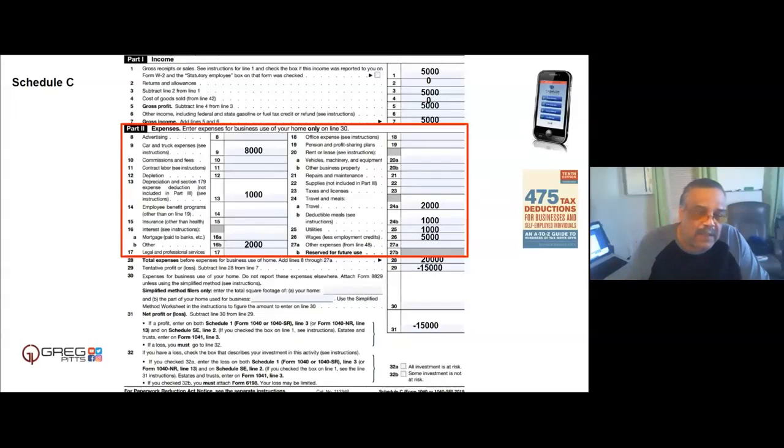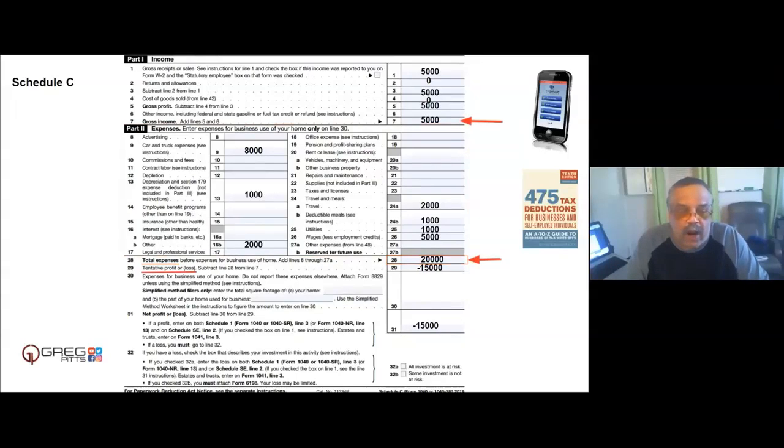Say you spent $5,000 in wages, that'll give you your $20,000 in expenses. But now remember, you only made $5,000 for that year, but you got $20,000 worth of expenses. On line 29 is where you show your loss in your business.